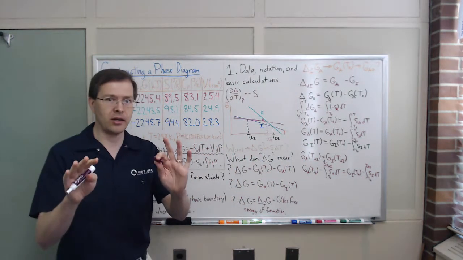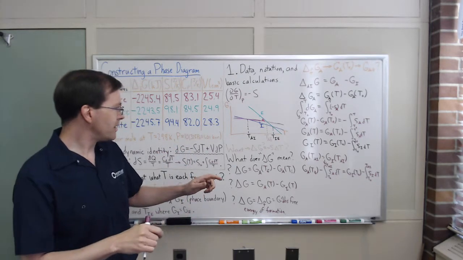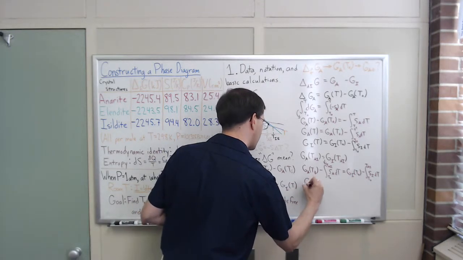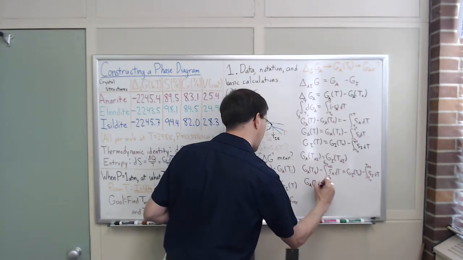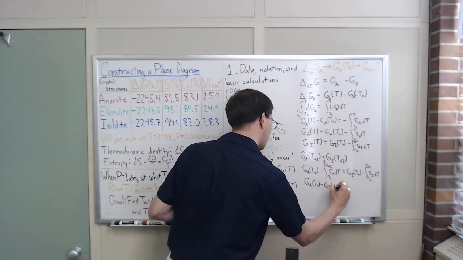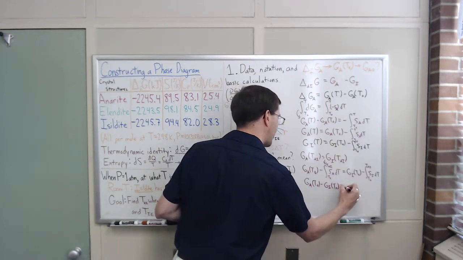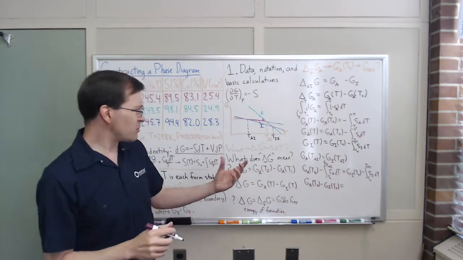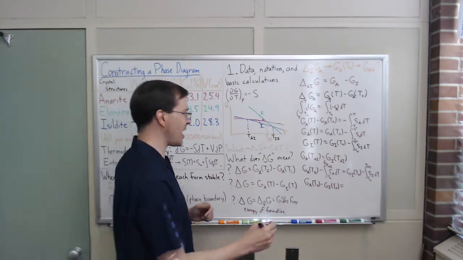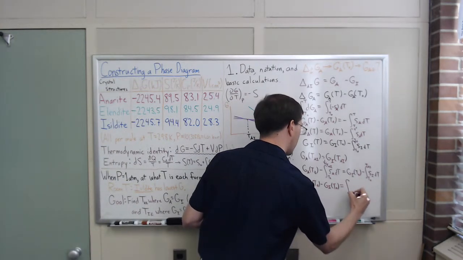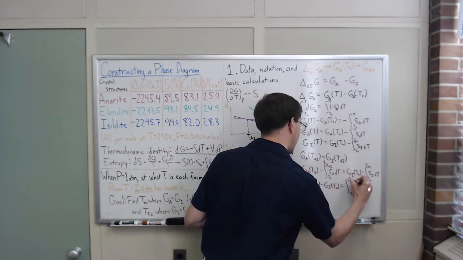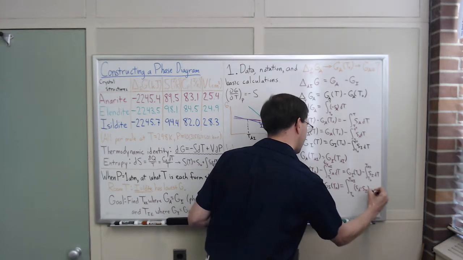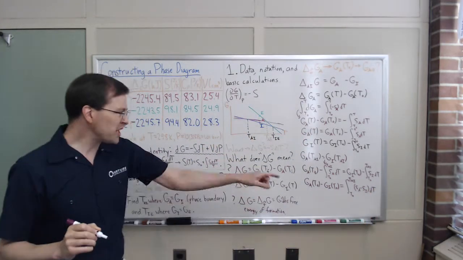Okay, I'm getting there, I promise. At this point, I can separate these things out. The left-hand side becomes G_A of T naught minus G_I of T naught. And the right-hand side is, well, that integral comes over there, and these are both integrals dT with the same limits, so I can put them together: the integral from T naught to T_AI of S_A minus S_I dT.